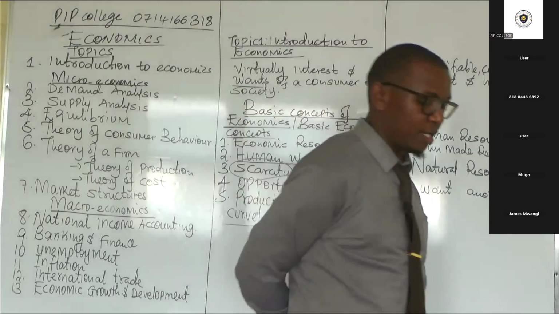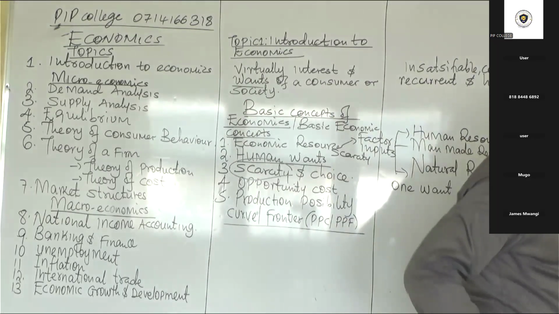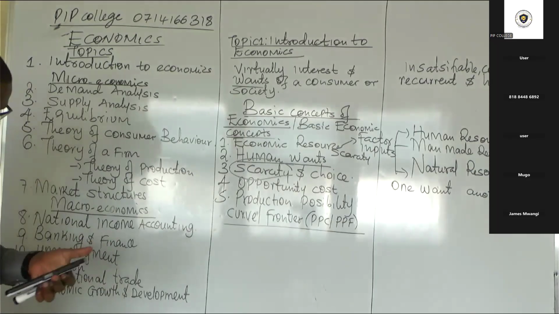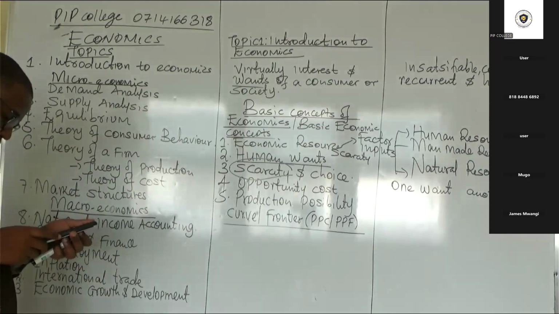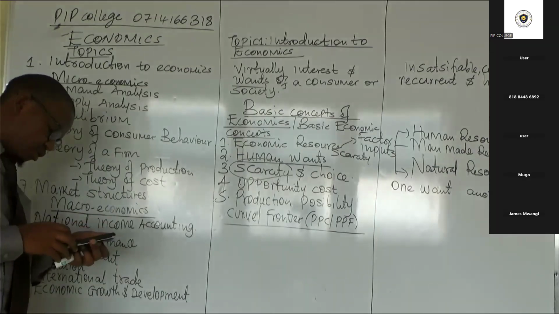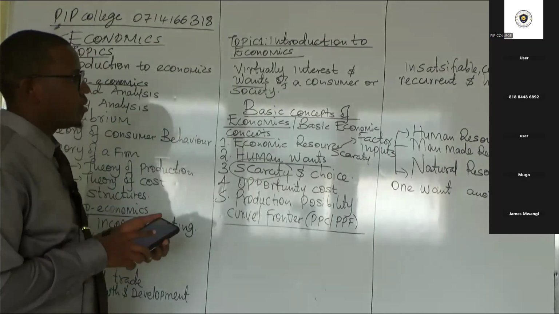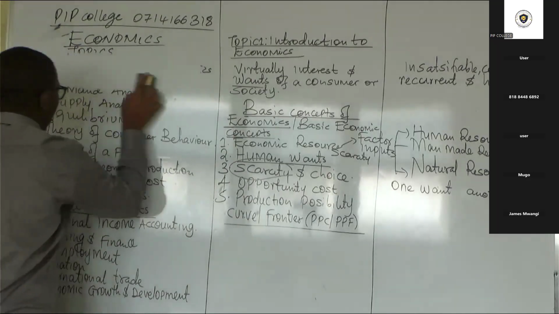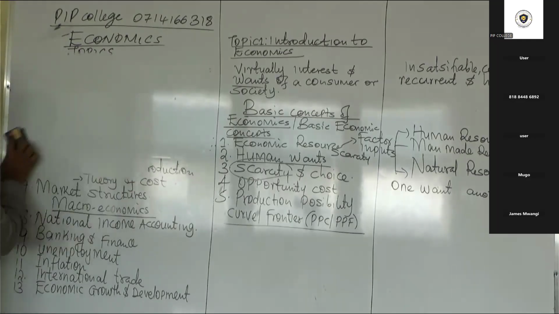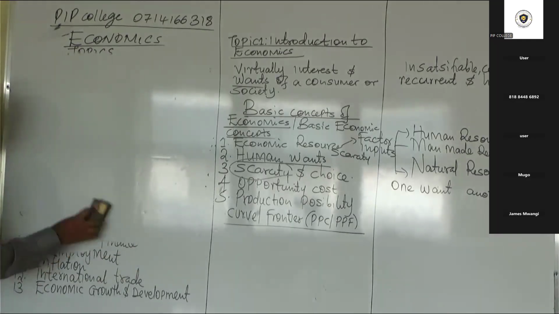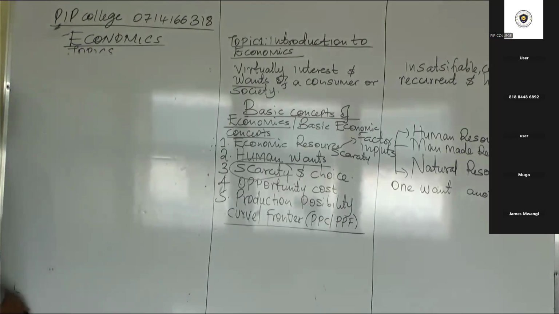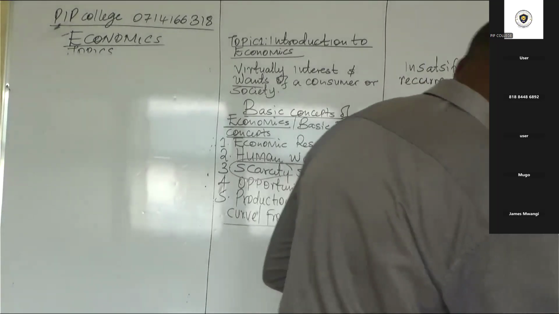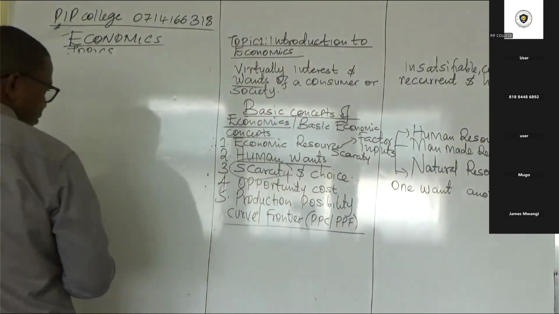The value of the foregone alternative is known as the opportunity cost.